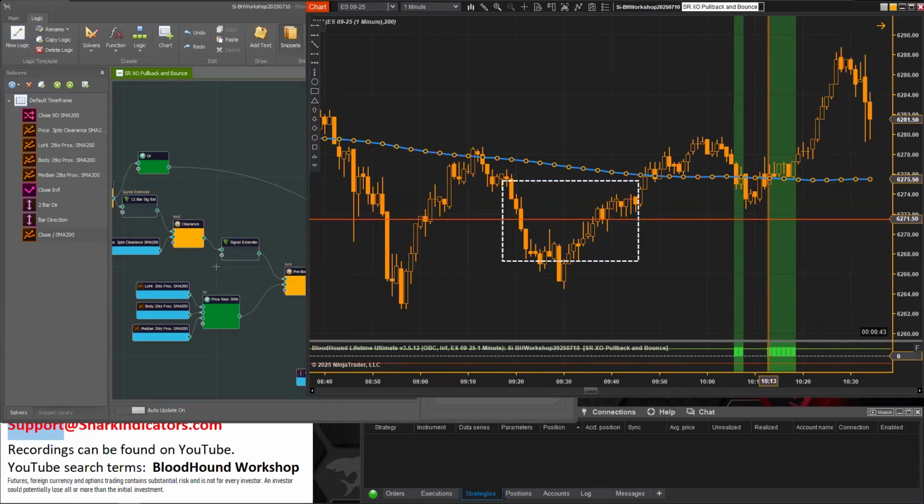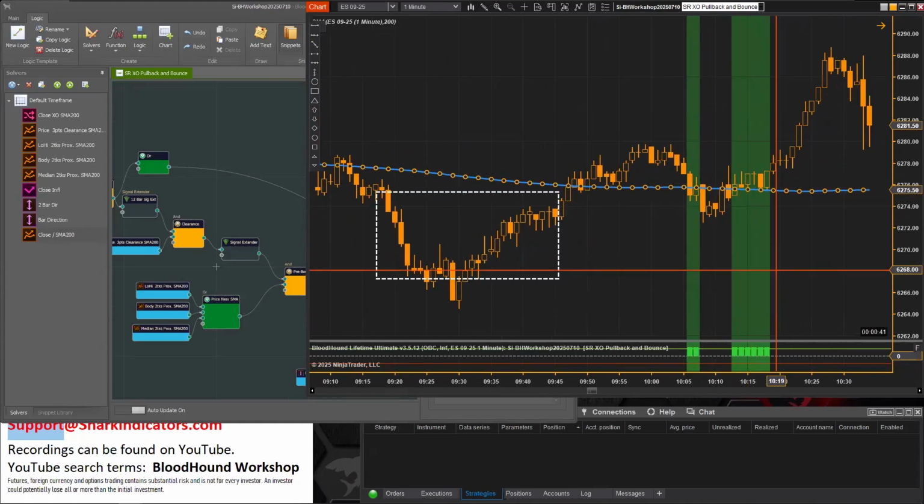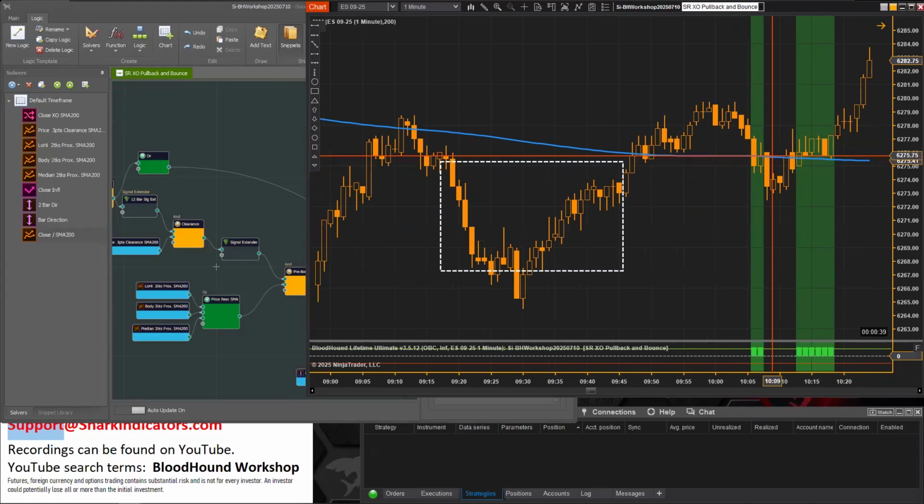Again, this is pretty darn subjective, but to me, this doesn't look like that pattern at all, because we actually have an entire bar on the wrong side of the SMA. So let's account for an entire bar being on the wrong side of the SMA. And if it is, that will nullify the system, right?